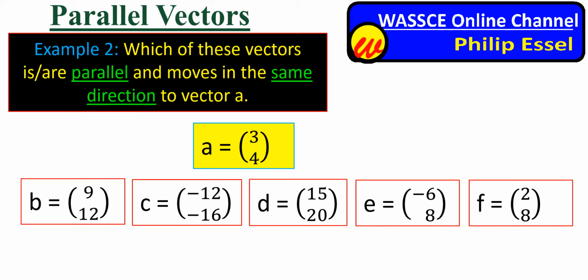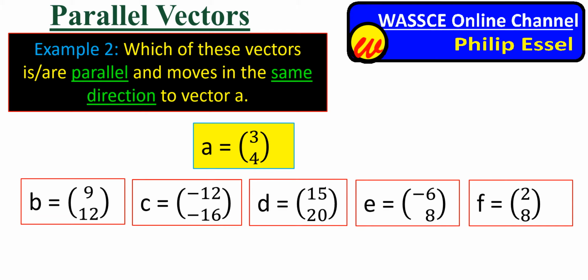Since the question made reference to direction, what it means is that calculating gradients or slopes of these vectors wouldn't help us in any way. So we have to use what you call the scalar multiple method to be able to do this work. So let's quickly do that.